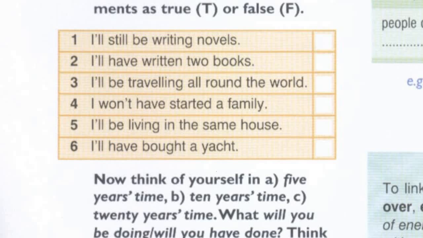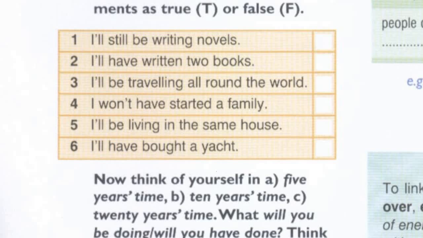The first one, let's check just a few of them. I'll still be writing novels. Is this true or false? Yes, well done, true. The author said that he would still be writing novels. How about number 2? I'll have written 2 books.